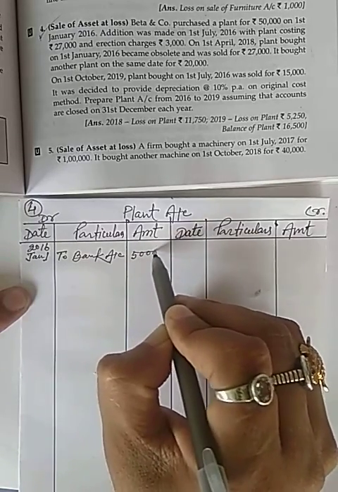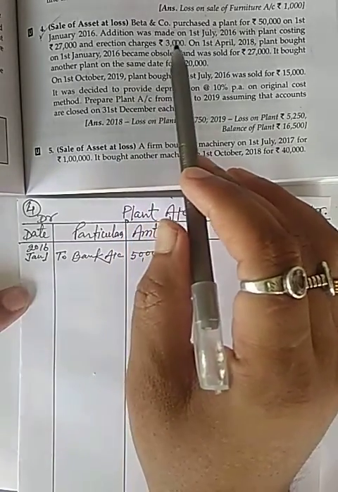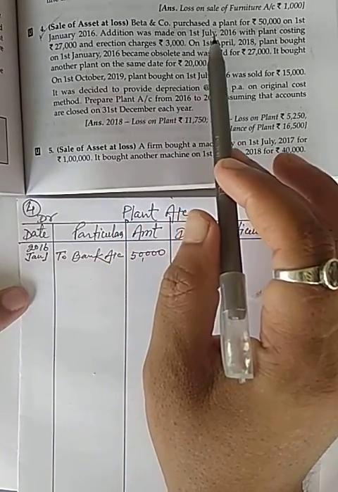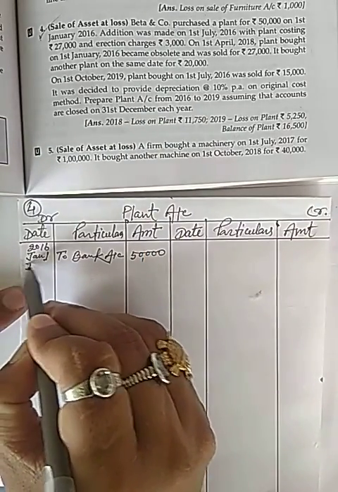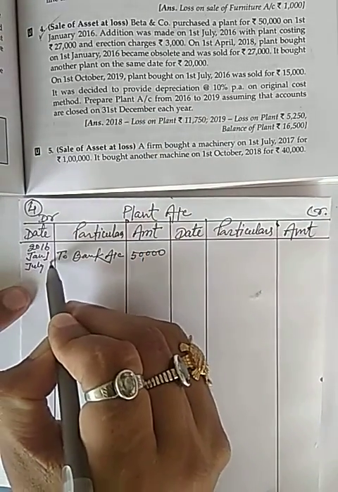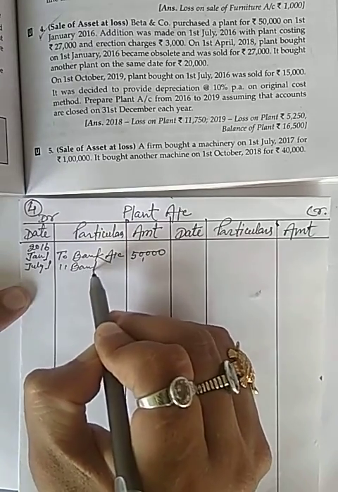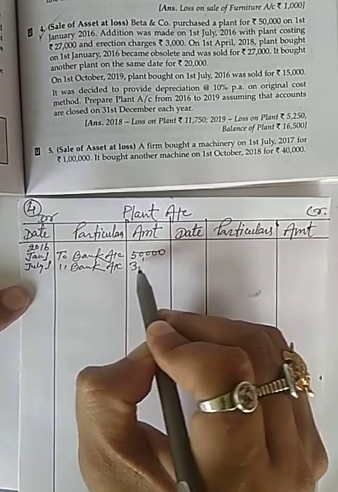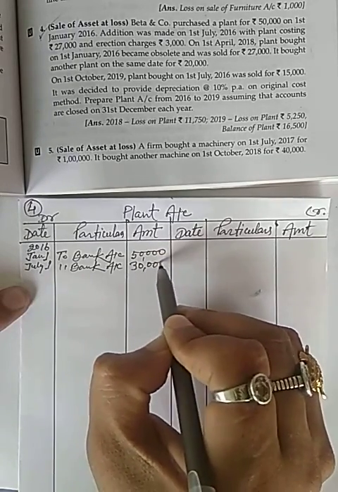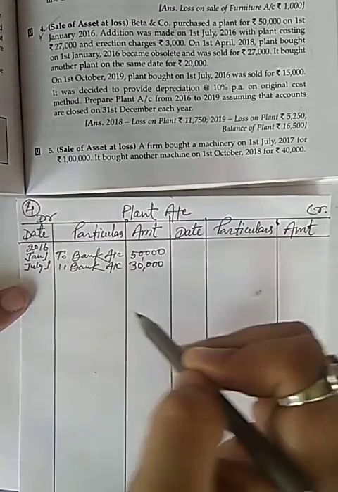50,000. Now the question is saying another plant was also purchased on 1st July 2016. So I will write July 1st to bank account. We can write directly 30,000 and separately also.